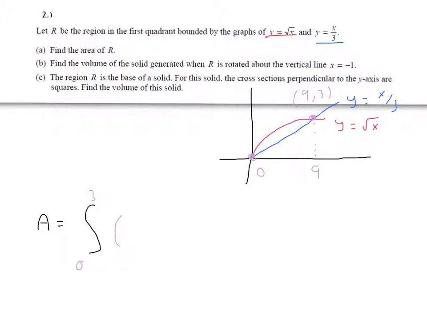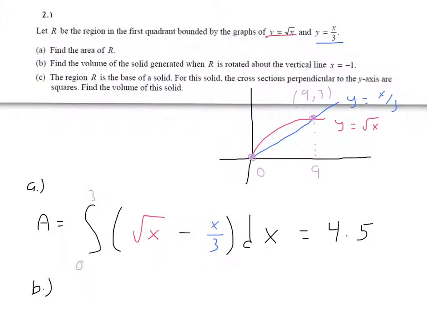And the upper function in this interval is that red one, or the square root of x, minus my lower function, which is x over 3. And we're taking this with respect to x. We're able to use a calculator, so we don't even have to do out the definite integral by hand. We could use our calculator and get 4.5. So this was A.